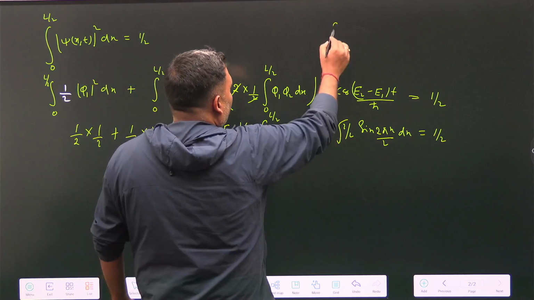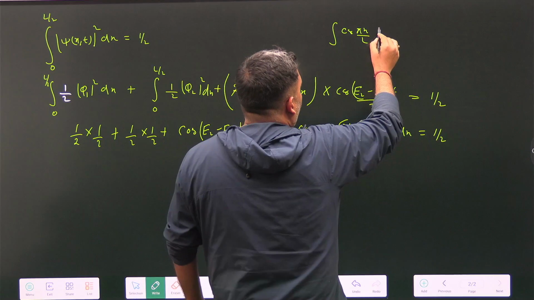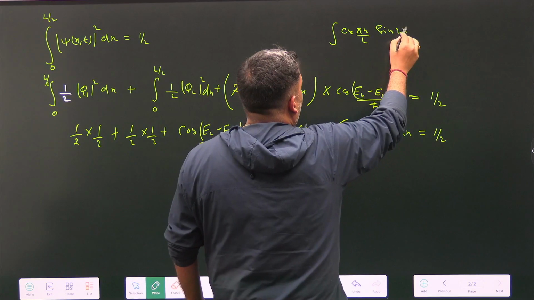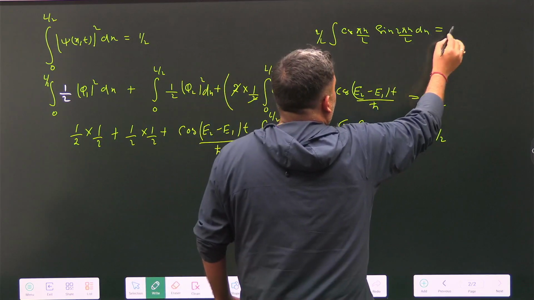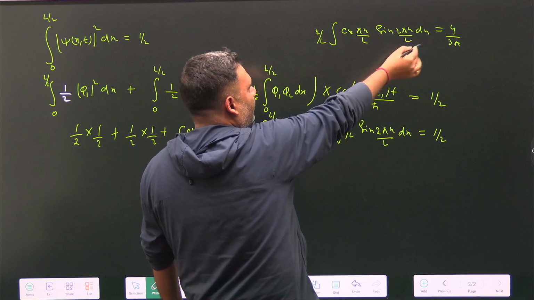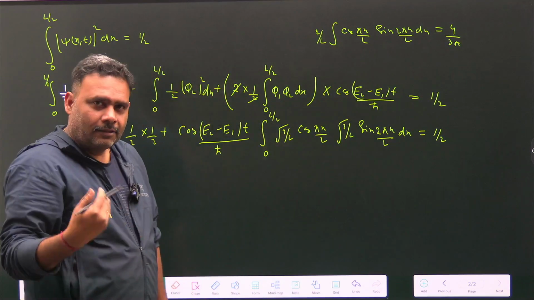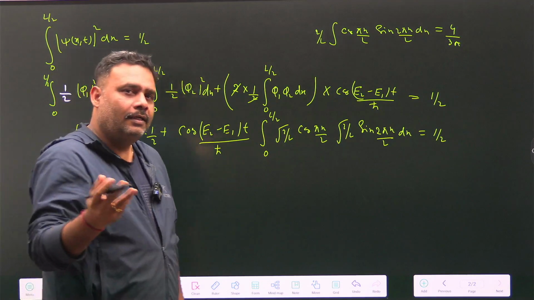So you can just do this integration, cos pi x by L into sine 2 pi x by L dx into 2 by L, is equal to 4 upon 3 pi. Easily you can do this integration. Open up the sine term, take cos pi x by L equal to t, and then sine pi x by L dx is equal to dt.